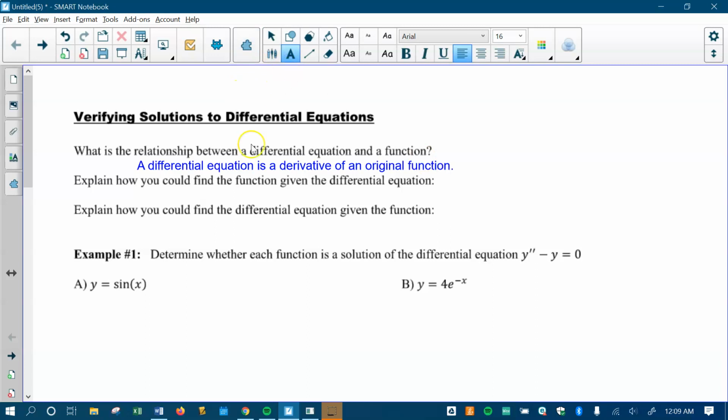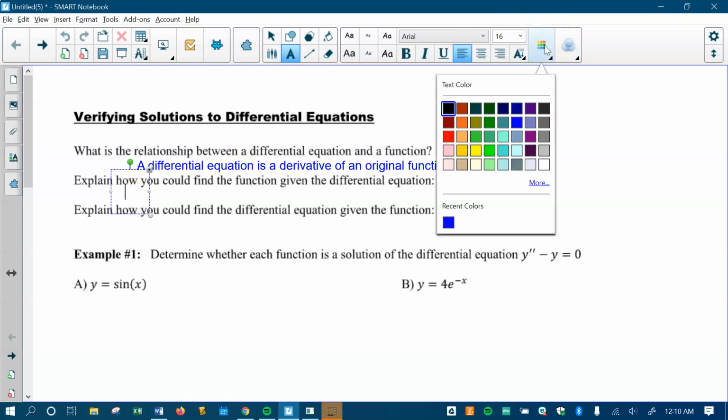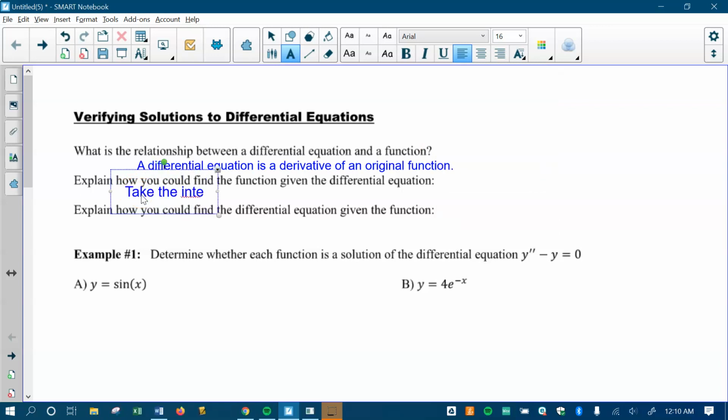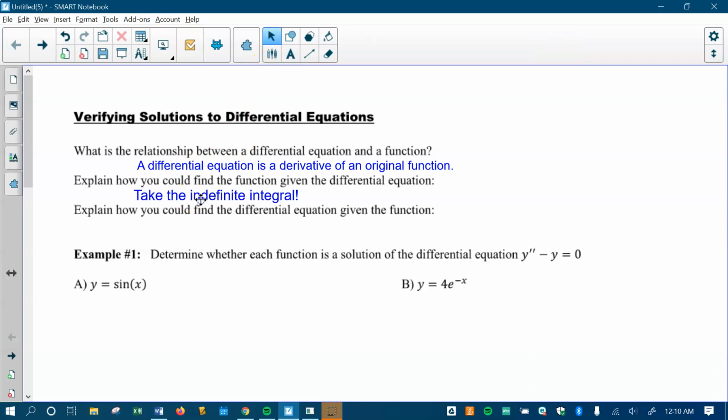A differential equation. Explain how you can find the function given the differential equation. Okay, so how can you find the original function given the differential equation? I think I know that. That's how you do it. Take the indefinite integral.